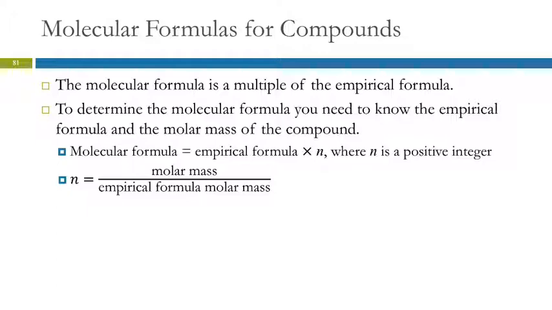Because the molecular formula is equal to the empirical formula times some number, 1, 2, 3, 4, 5, etc. We can figure out what that is by taking the molar mass of the actual compound, that would have to be given to us, and dividing by the empirical formula mass. So we look at whatever the empirical formula is and calculate the molar mass based on that, and then we divide and we should get a nice number.